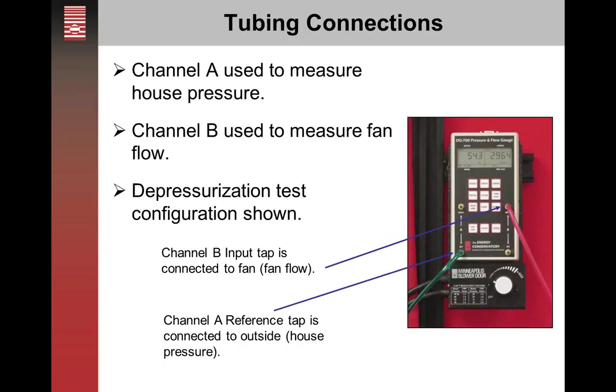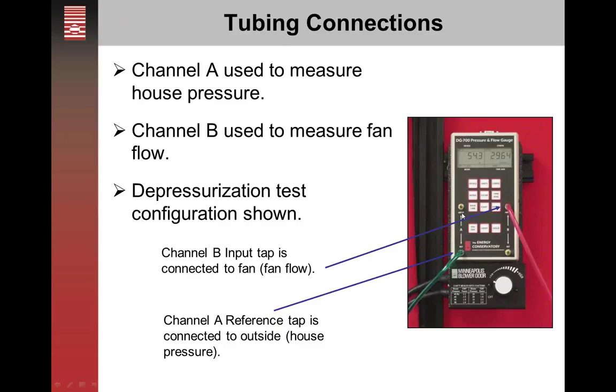This is a typical connection, the way someone would see it in the house. You're doing a depressurization test, and on channel B, on the input, we're putting that to the fan, and channel A reference we're putting to the outside. Now, some people may put the reference tap to the outside on the input.